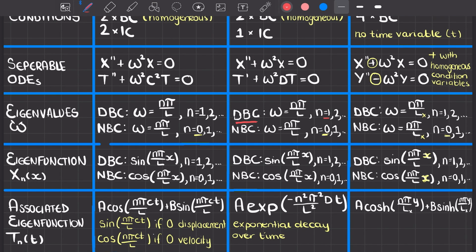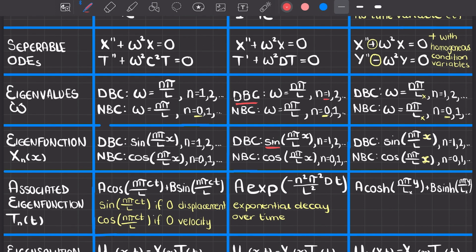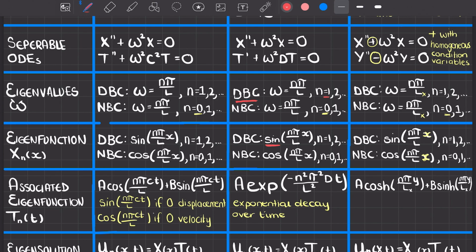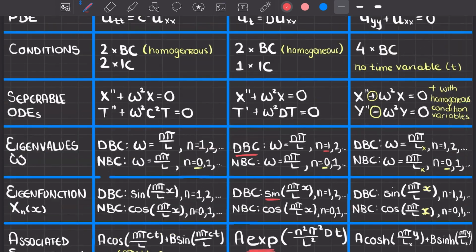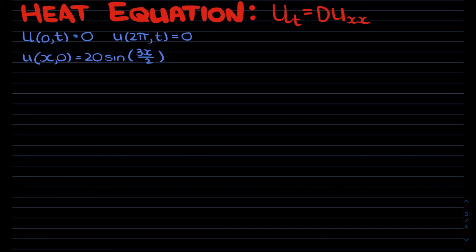Because we're doing the Dirichlet boundary condition, we'll also have an eigenfunction X of n that will be a sine function, and it will take the form of n pi x over L. You'll also see that the associated eigenfunction T of n is an exponential function. So just look out for those things. So going back to our heat equation, the first thing we're going to want to do is to interpret what is going on.